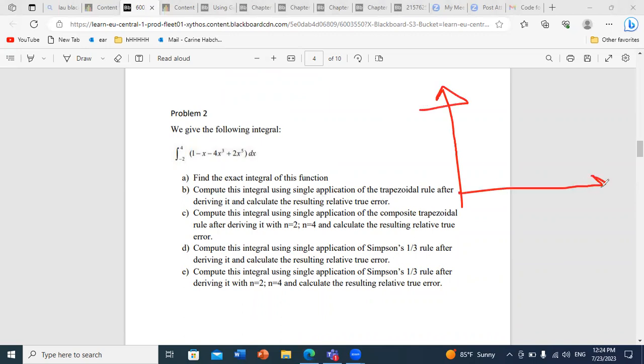It's in your course material. The derivation is based on considering a function cx plus d, passing through the extreme points, a and b. So you have a, you have b, you have f of a, you have f of b.